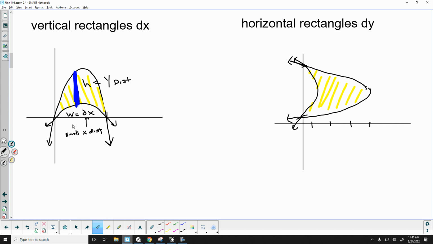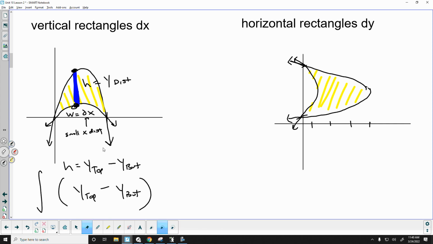Got it? To find an area, we are going to accumulate the areas of those rectangles. Now, to get this height, this y distance, we take the y equals on the top and the y equals at the bottom, and we subtract them. This is where y top minus y bottom comes from. Height is y distance.